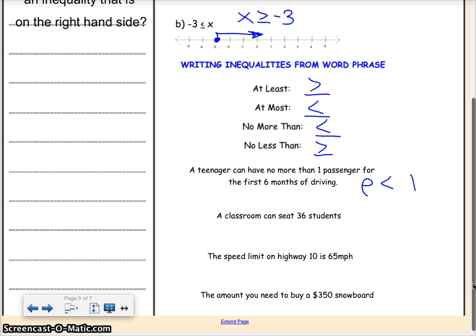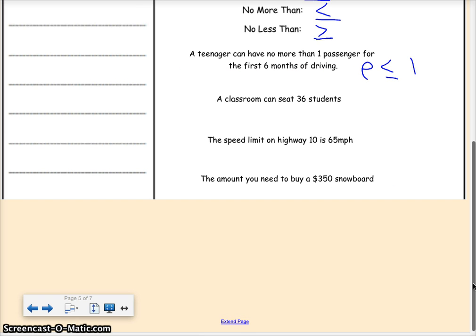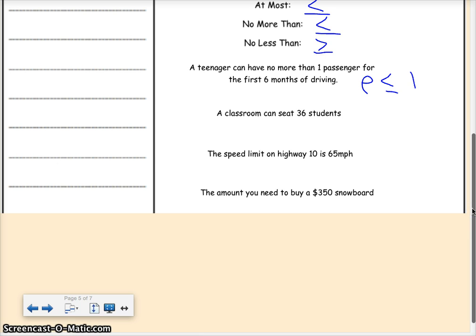Can I have 1 passenger with me? Yeah. So you put a bar under it. Okay? A classroom can seat 36 students. I'm going to call my variable S for students. So my students, should I have more than 36 or less than 36? Less than 36. Can I equal it? Can there be 36 kids? Yep. Less than or equal to 36.